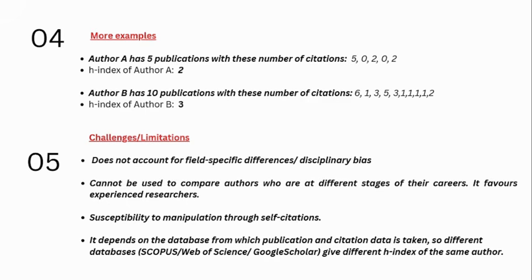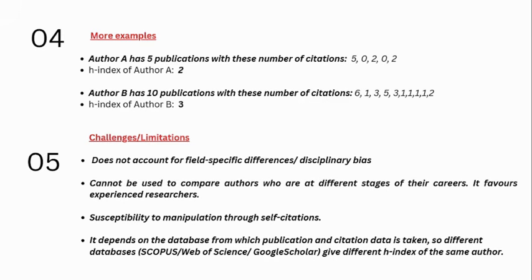More people read applied stuff, they find it more relevant as compared to pure science, and hence applied papers have a tendency of receiving more citations naturally. But this H index does not account for those differences. The field specific differences are not accounted for by this metric definition, H index.